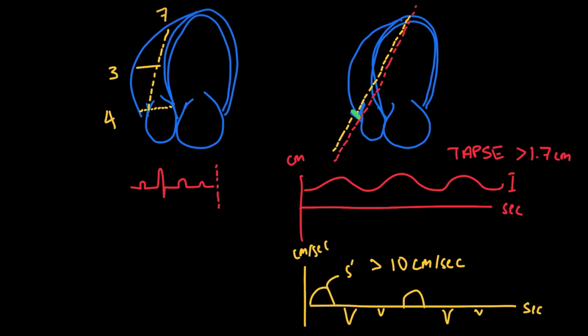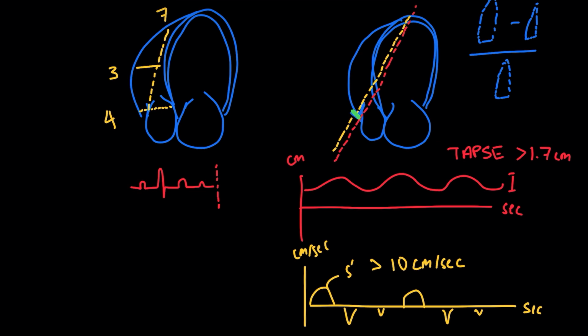Now, you can also do the fractional area change, and that is where you simply draw out the biggest area from the apical four-chamber view. You subtract the smallest area of the right ventricle, and you divide it by the larger area.